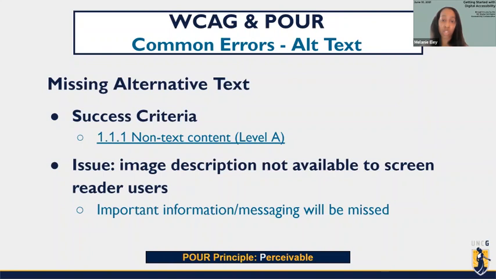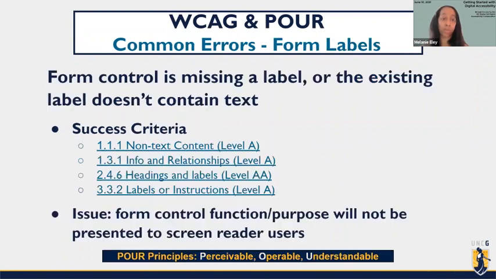The main issue with this error is that the image or visual won't be available to someone who's using a screen reader, which means that important information, or part or all of the message that you're trying to convey on your page, won't be available to these users, and they will miss that information. And as I mentioned, this is an error that would fall under the perceivable principle.